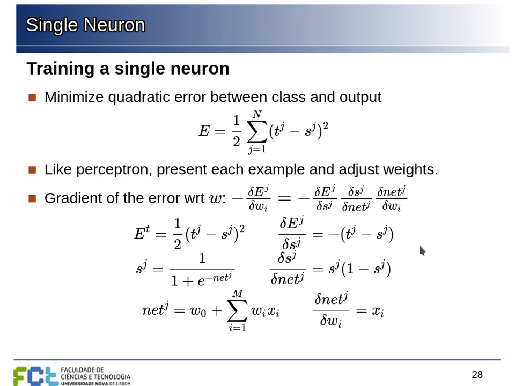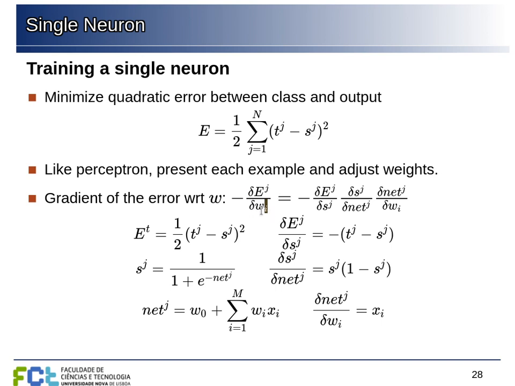So this would be the derivative of the error function with respect to the output of our network. And now, if we chain these derivatives, we can go all the way to each individual weight in the neuron that we're trying to train. So we want the derivative of the error, for example J, with respect to weight i of our neuron.